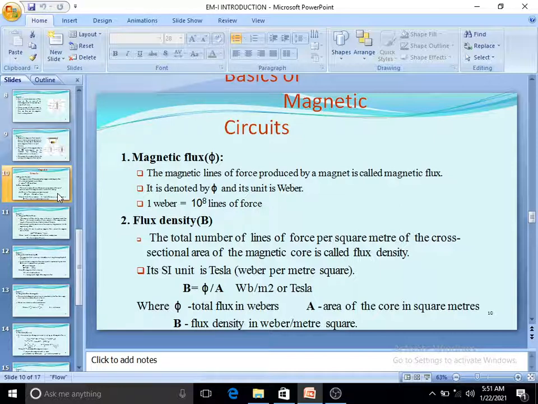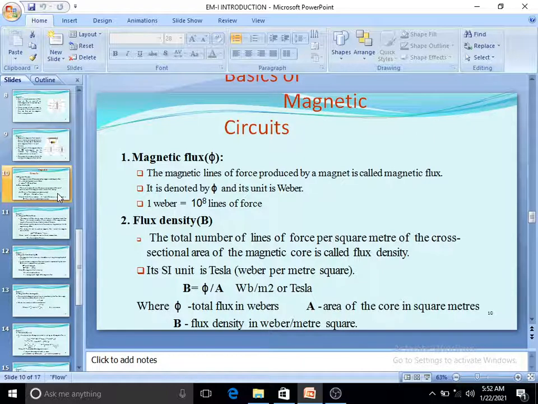Now some of the definitions we need to learn related to magnetic circuits. Coming to the electric circuit, the main component is current, which is defined as the flow of electrons. Here we need to focus on the flux. Already you know that the magnetic lines of force developed by a magnet are magnetic flux, which is imaginary and denoted by the symbol phi.